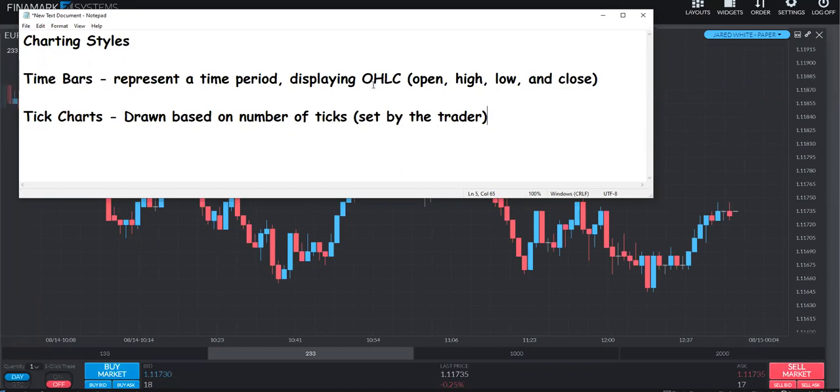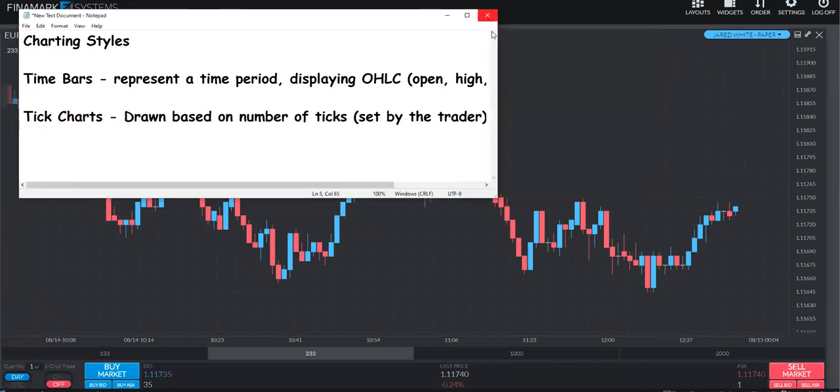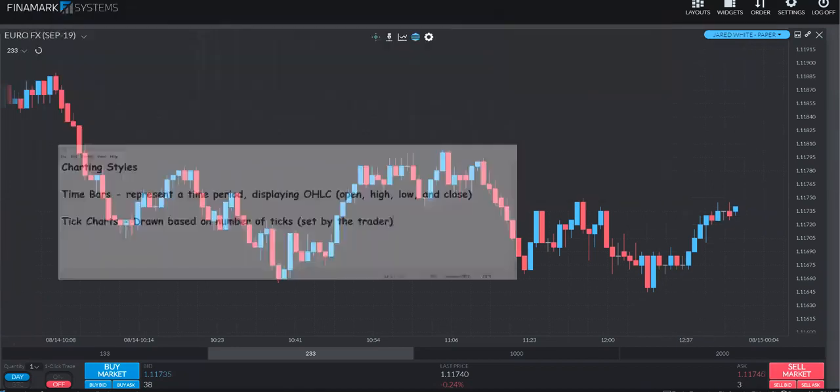And I wrote set by the trader because it's important to understand that we can set the tick charts to whatever it is that we want. All right, any number that you want, any number of ticks that you want, you can set it to. So you are the pilot in command there. You are in control. Okay, so taking a look at tick charts, and we'll maybe move this off to the side.